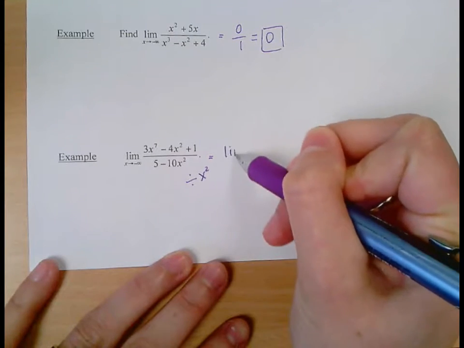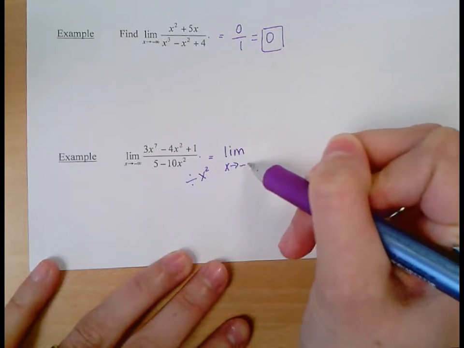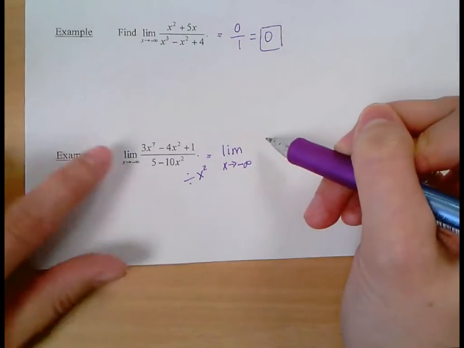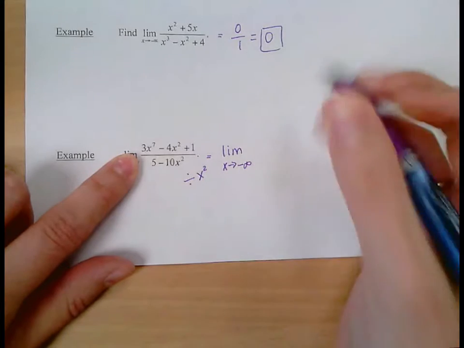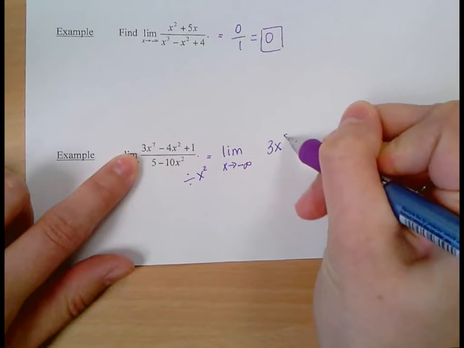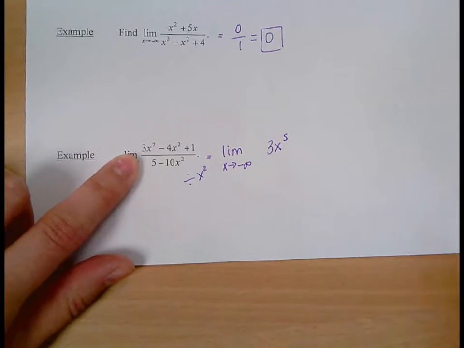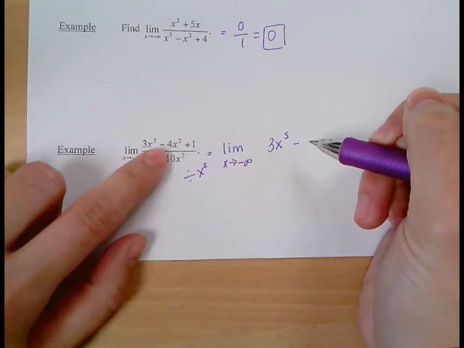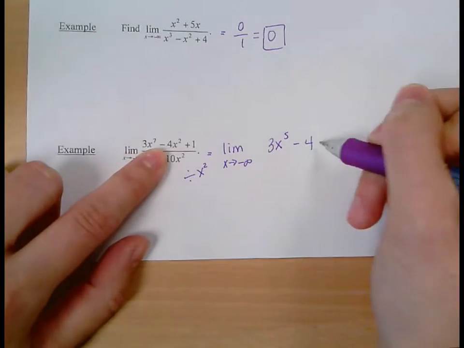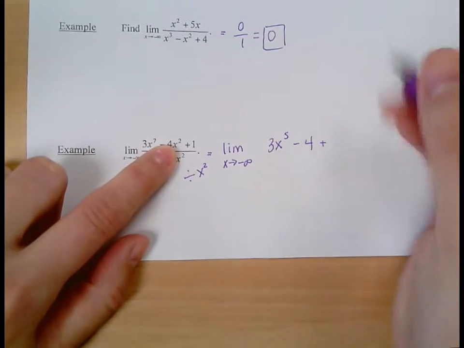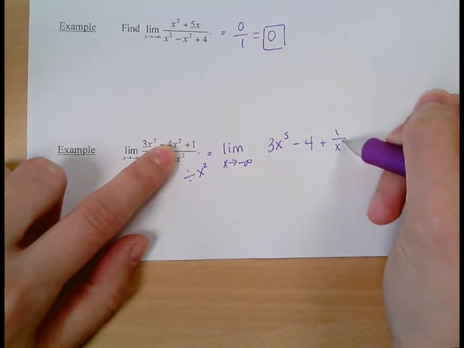So I'll have the limit as x approaches negative infinity of, and if I divide 3x to the 7th by x squared, I'm going to have 3x to the 5th. And then minus 4x squared divided by x squared will just be 4. And then plus 1 divided by x squared.